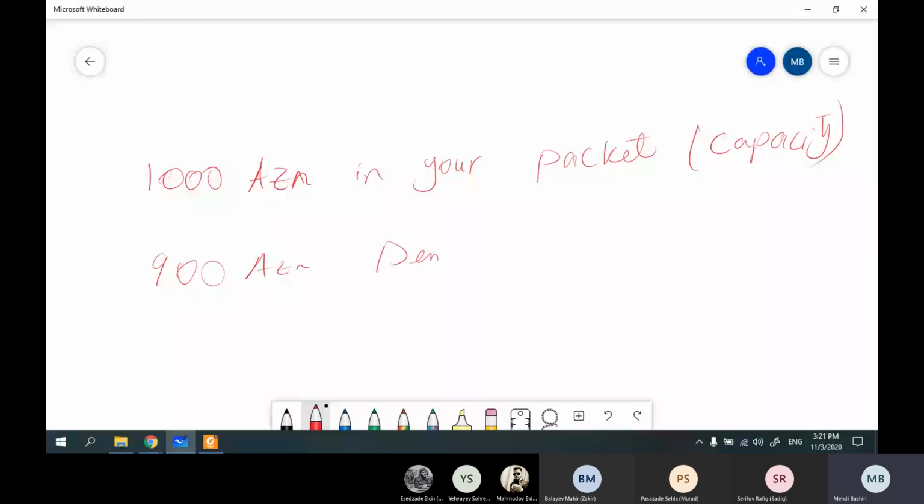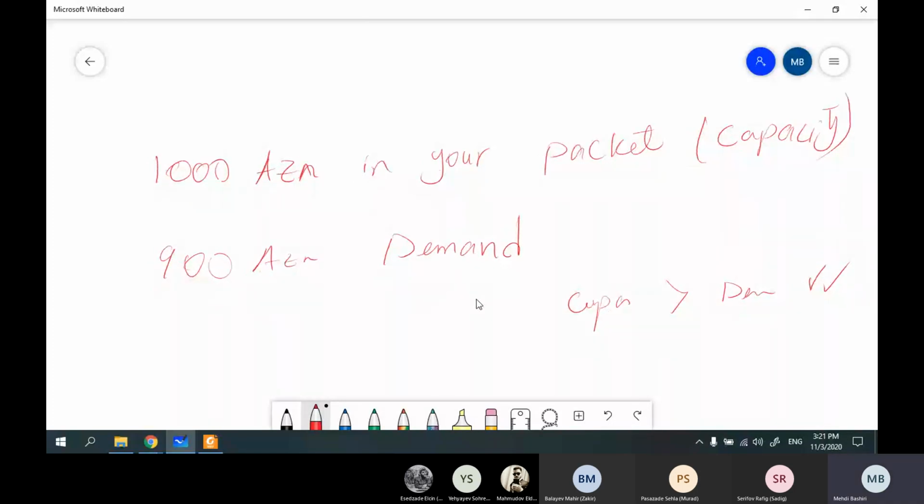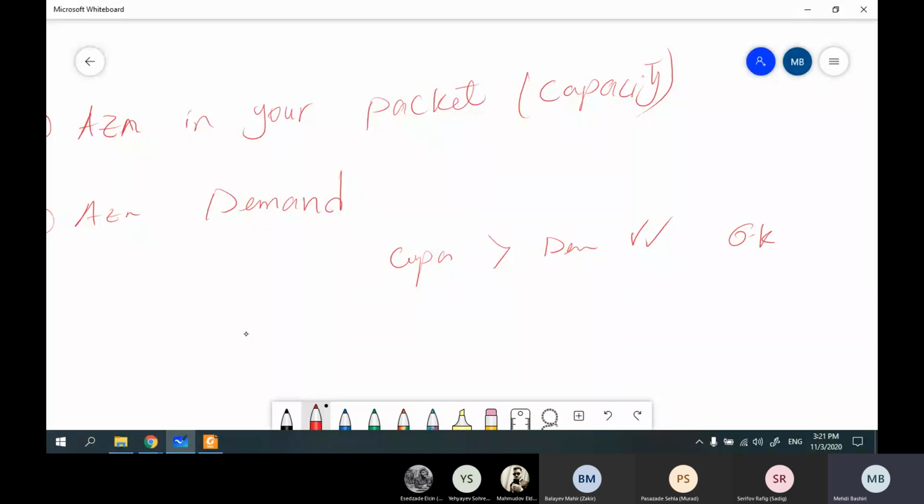This is the demand, for example, of the seller. In this case, capacity, that is your money, is more than the demand or the price of that thing. So you can buy it, yes? So in this case, you are good or you are okay.